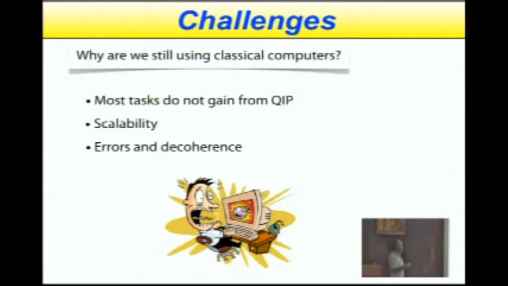The second point is that it's still hard to make large-scale systems. And the third one, which I'm going to discuss in a little more detail, is that the larger the system gets, the more it is susceptible to errors and decoherence. Decoherence meaning that it's losing its quantum properties and becomes classical, and therefore loses the advantage over classical computers.